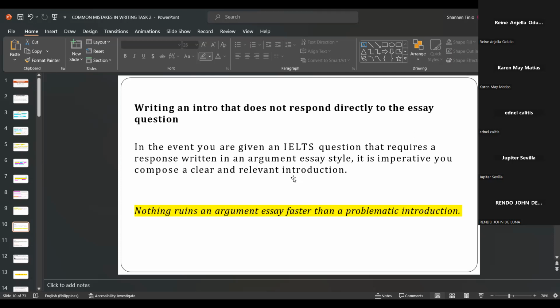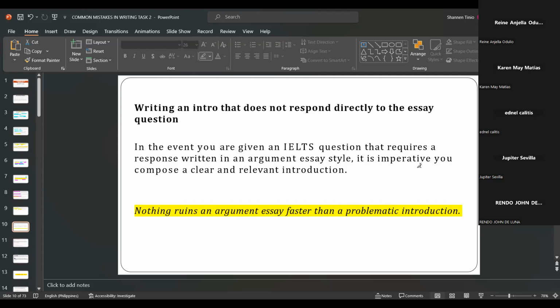How can you make an effective introduction? There are many ways. You can use famous quotations. You can use bomb facts. Example, according to the Guinness World of Records, yada, yada, yada. So parang umpisa pa lang, wow, galing, talino na ito.